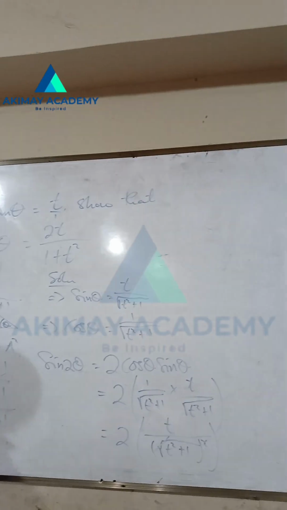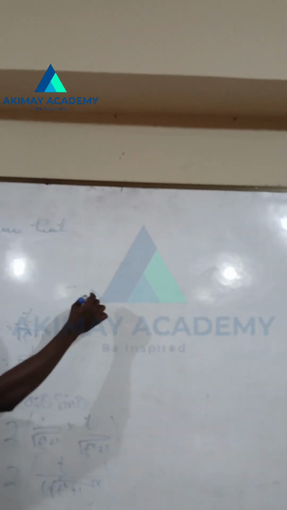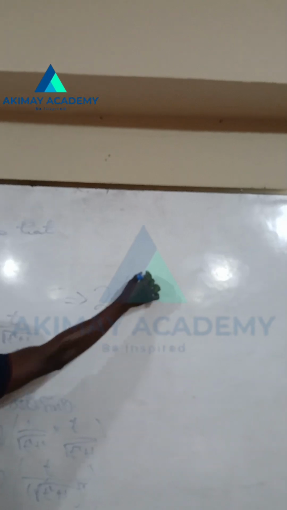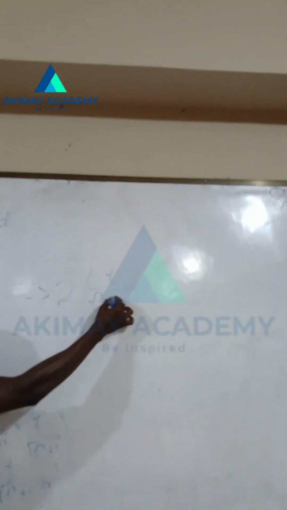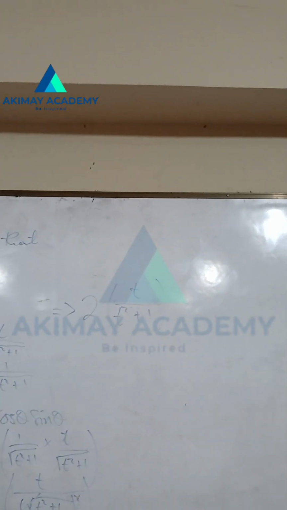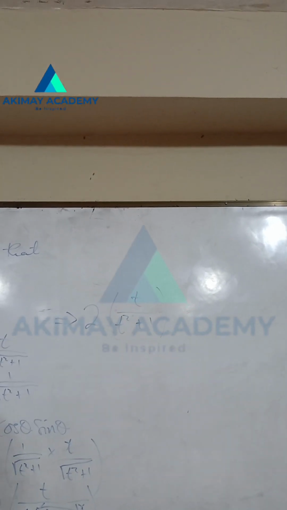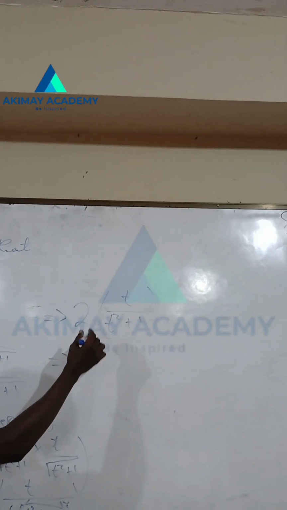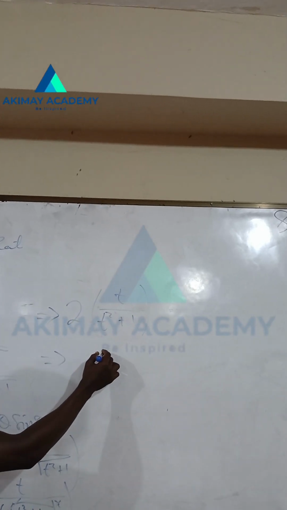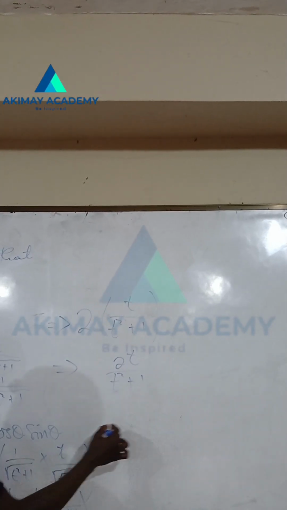And what are we left with? We are going to have 2 multiplying t out of t squared plus 1. Here this 2 is a whole number multiplying with a fraction, so we multiply the 2 by t. Therefore we are going to have 2t out of t squared plus 1.